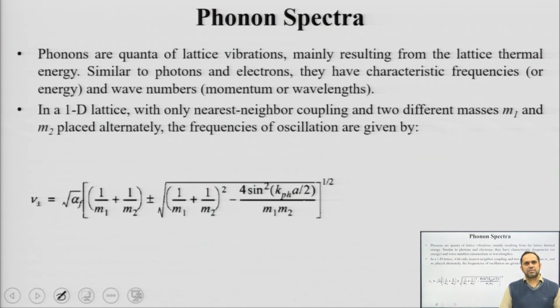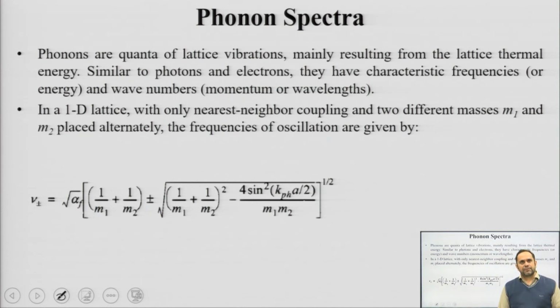These vibrations manifest in terms of lattice vibration known as phonons. Okay. So, phonons are nothing but the quanta of lattice vibrations which mainly result from thermal energy provided to the crystal lattice. Similar to photons and electrons, photon is a packet of light, electron is your atomic charge carrier.